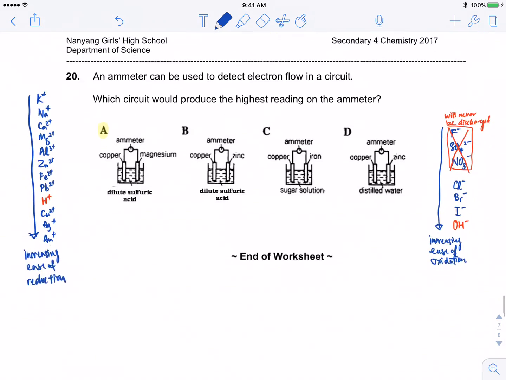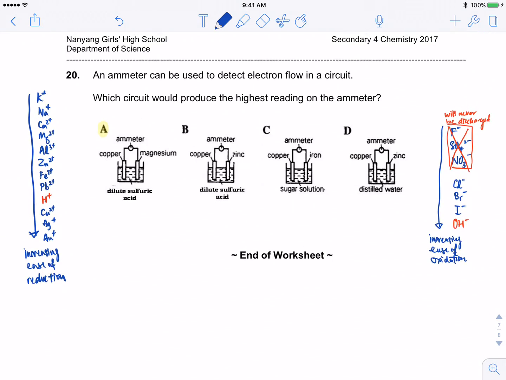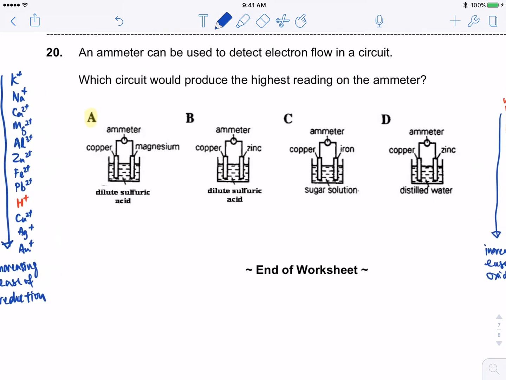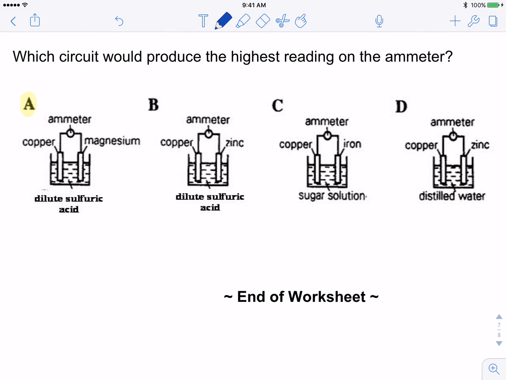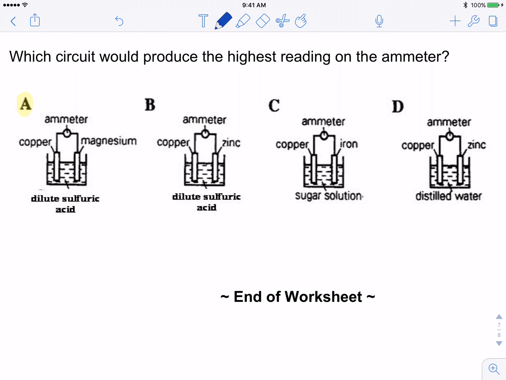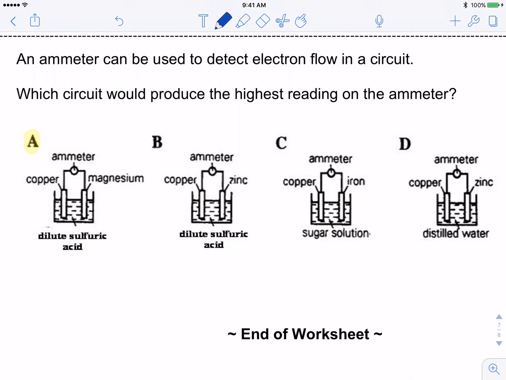Okay. Last question. An ammeter can be used to detect electron flow in a circuit. Which circuit will produce the highest reading in the ammeter? Okay, let's look at this. Oh, so this is a simple cell. Oh, finally one question on simple cell. Okay, remember we talked about simple cells can test the difference in the reactivity series.